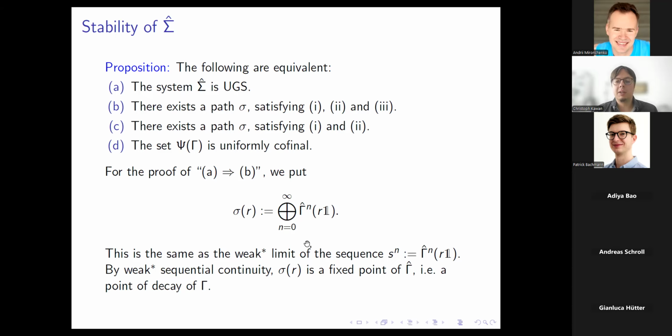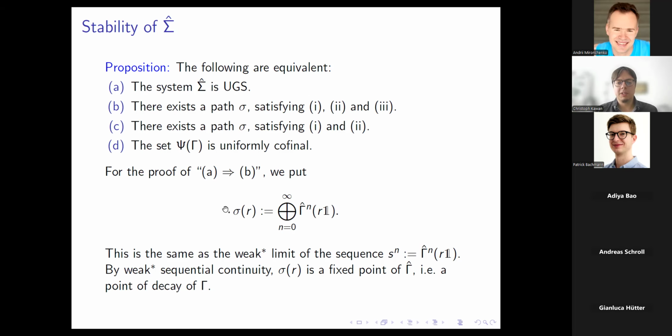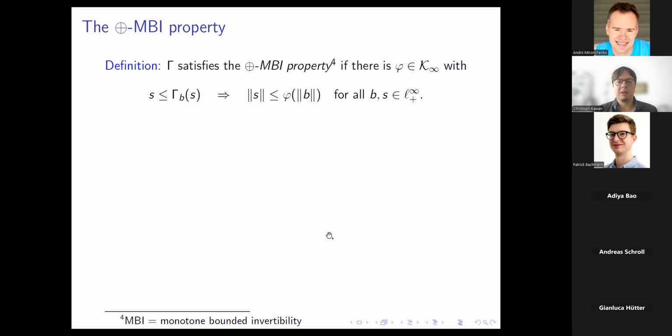So in that way, we show that by this definition, we get a path which actually evolves in the decay set of the gain operator gamma, which is the first property that we need for a path of decay. And the second and the third properties are kind of easy to show. Right, so this is how we do that. Keep this definition in mind because it will come up later again.